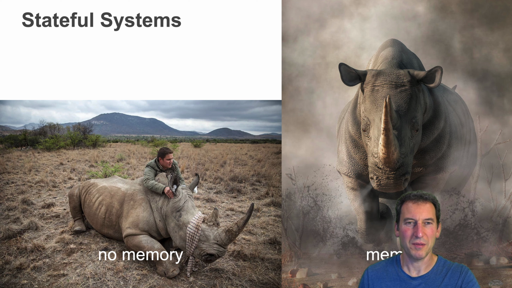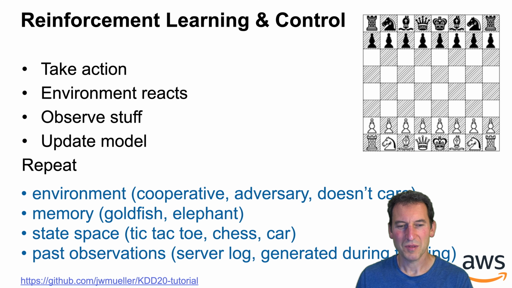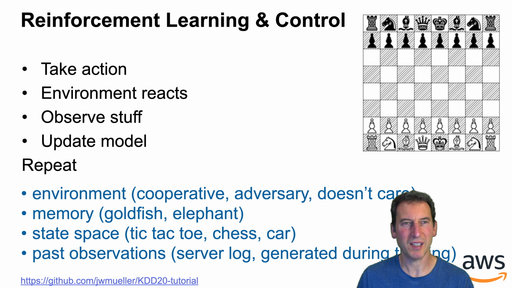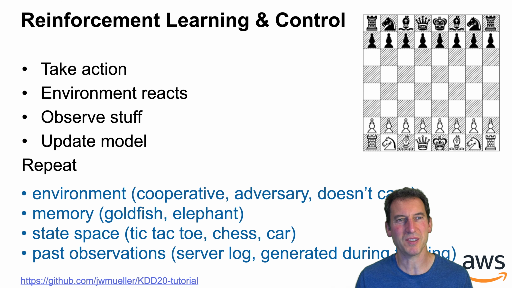And if you have a rhino without memory because it's been sedated, it will happily let you do all sorts of things. But if it wakes up and starts to remember what you're doing to it, then you might find yourself at the very pointy end of something. And that's not good. So, as said, in reinforcement learning and control, you get exactly that. You take an action, the environment reacts, you observe stuff, you update the model, and you repeat.